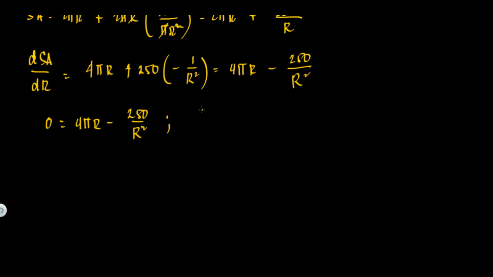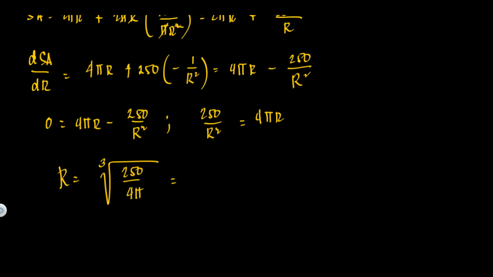Or this is equal to 250 over r squared equals 4 pi r. Cross multiply, so we have 4 pi r cubed equals 250. Okay, so r is equal to the cube root of 250 over 4 pi.